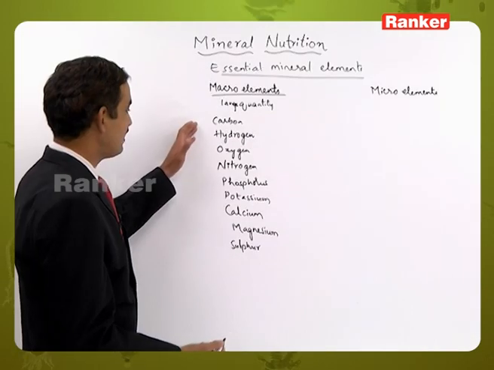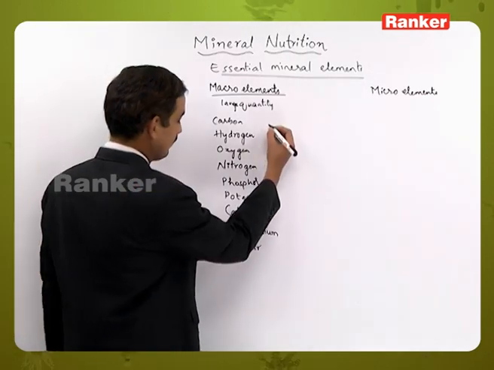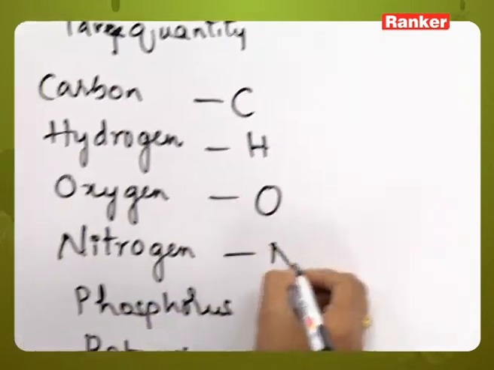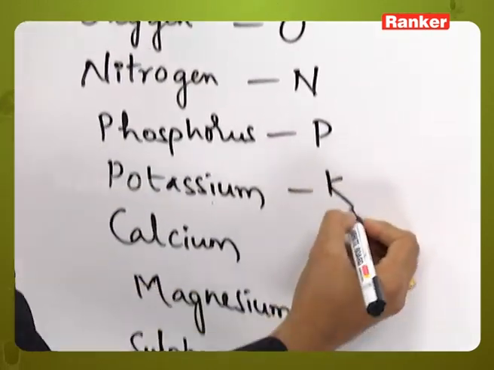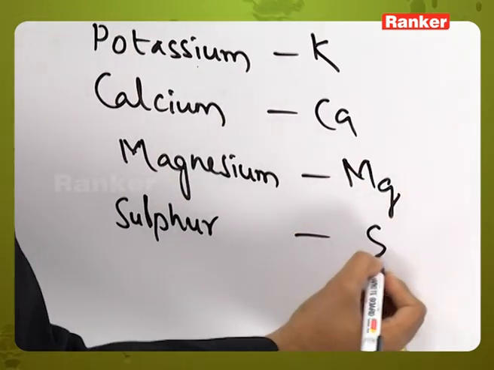So these are the 9 elements which are required in the larger quantity: carbon, C, hydrogen, oxygen, nitrogen, phosphorus, potassium, calcium, magnesium and sulfur.